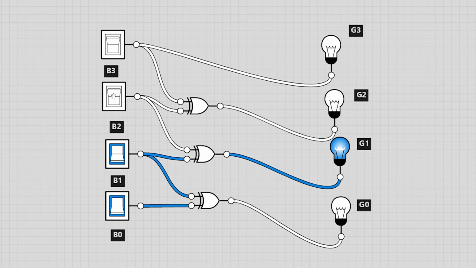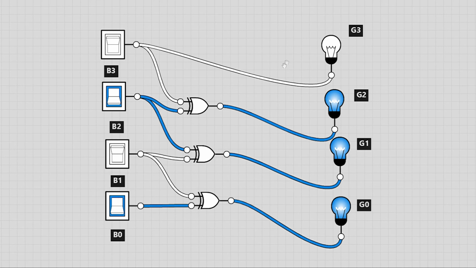When B3 is 0, B2 is 1, B1 is 0, and B0 is 0, the outputs are G3 is 0, G2 is 1, G1 is 1, and G0 is 0. When B3 is 0, B2 is 1, B1 is 0, B0 is 1, the outputs are G3 0, G2 1, G1 1, G0 is 1.